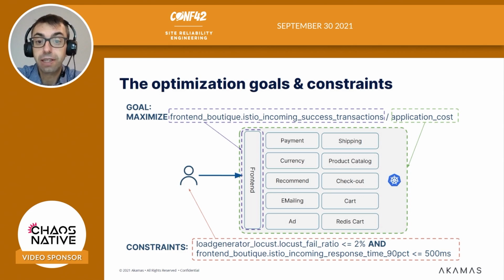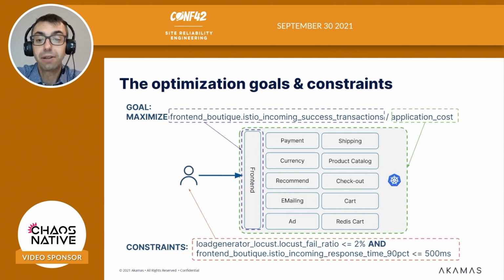Service throughput is measured by Istio at the front-end layer, where all user traffic is processed. The service cost is the cloud cost that we will pay to run the application on the cloud, considering the CPU and memory resources allocated to each microservice. In this example, we use the pricing of AWS Fargate, which is a serverless Kubernetes offering by AWS, which charges $29 per month for each CPU requested and about $3 per month for each gigabyte of memory.